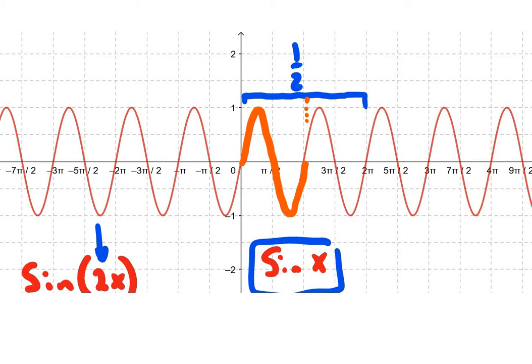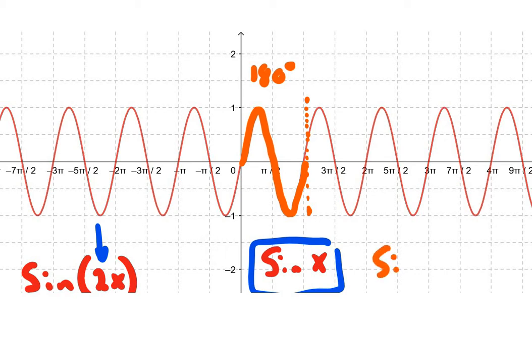That's half what the period was. Okay, so now we can say the period of sine 2x is 180 degrees. Sine x was 360, sine 2x 180. Just divide the period by 2.